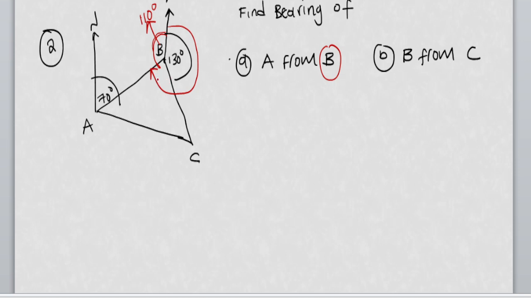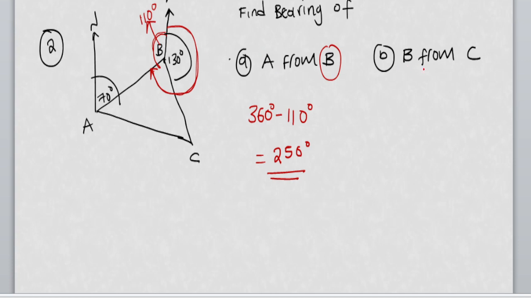Since I'm looking for this entire angle as a whole, let me just subtract the 110: 360 subtract 110 gives us 250 degrees. So this is already a three-figured bearing. That one has been dealt with.